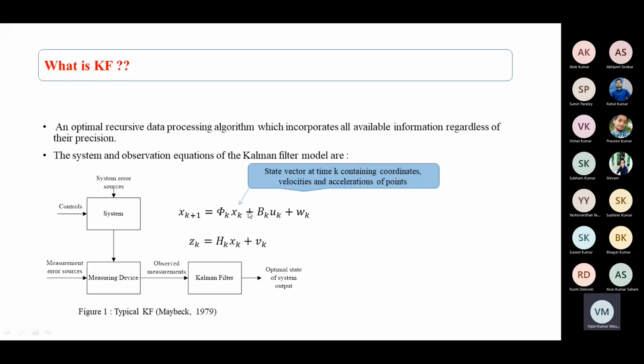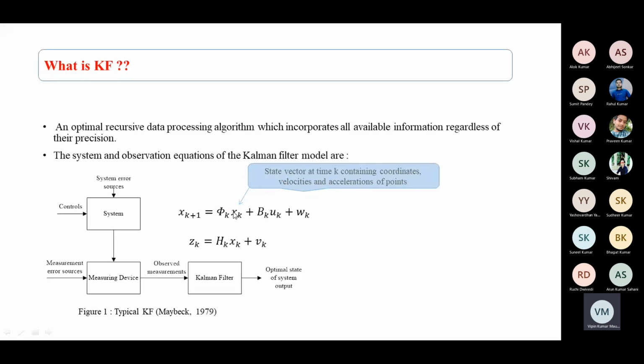So first of all, what is this xk? This xk is called a state vector, and it will contain the parameters which you have to estimate. So we can see here state vector at time k containing coordinates, velocities, accelerations, or anything whatever you want to compute.